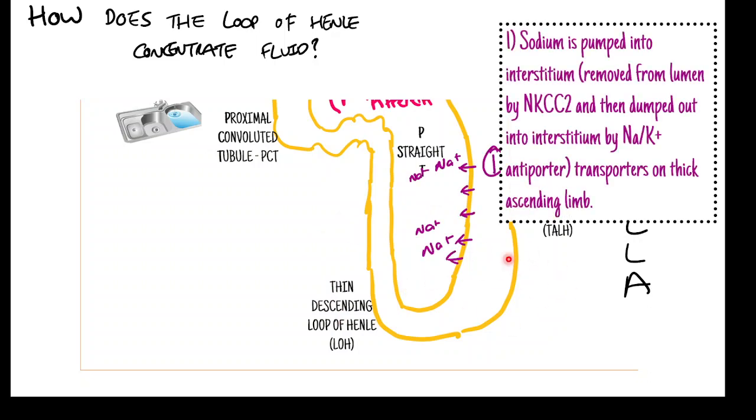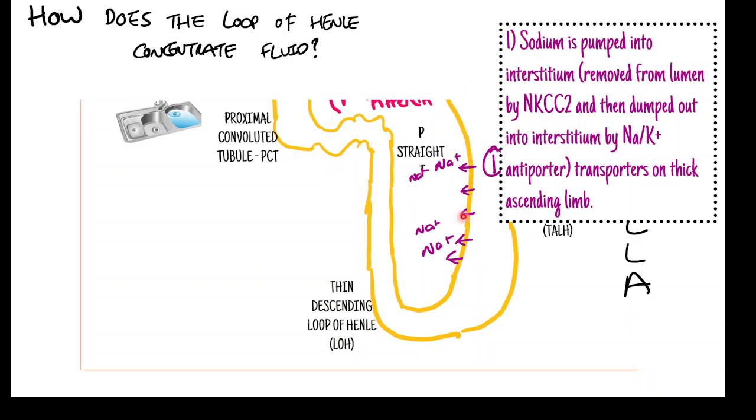So in the thick ascending limb, sodium is pumped out throughout the entire length of the thick ascending limb. If we start here for now, it just makes more sense. Sodium is removed from the lumen via a channel called NKCC2, and then it's dumped into the interstitium by the Na-K ATPase, and this occurs throughout the entire length of the thick ascending limb.